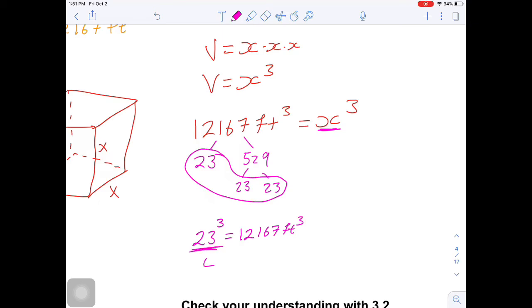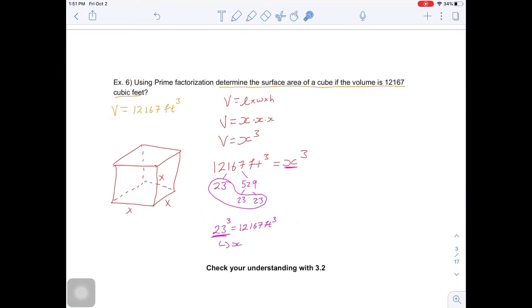So there is our x, right? A number multiplied by itself 3 times equals this. We figured that out using prime factorization. So x equals 23.